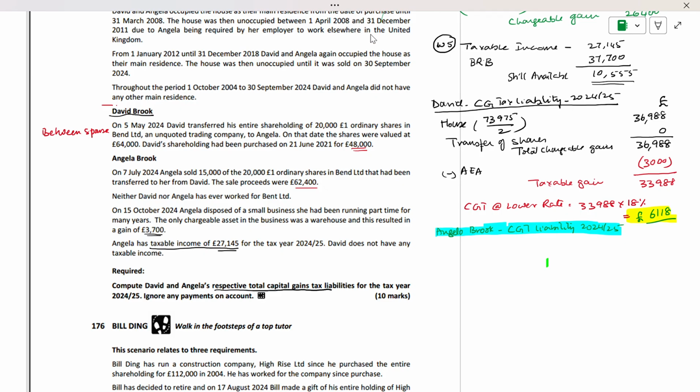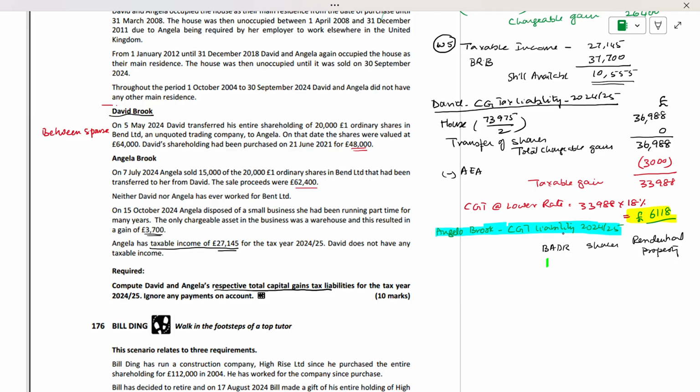Up to 1 million, it is 10%. You have the shares, you have the residential property.